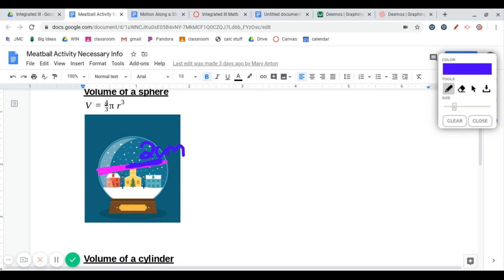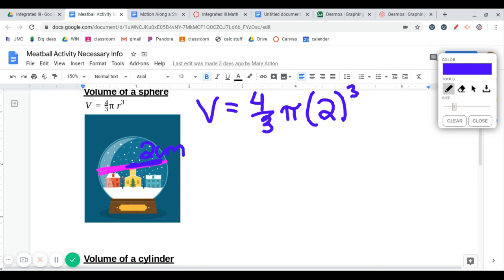This means the volume of this sphere will be 4/3 pi times the radius, which is 2 centimeters, cubed, which is 4/3 times pi, 2 cubed is 8, and then multiply this fraction 4/3 times 8 and you get 32/3.